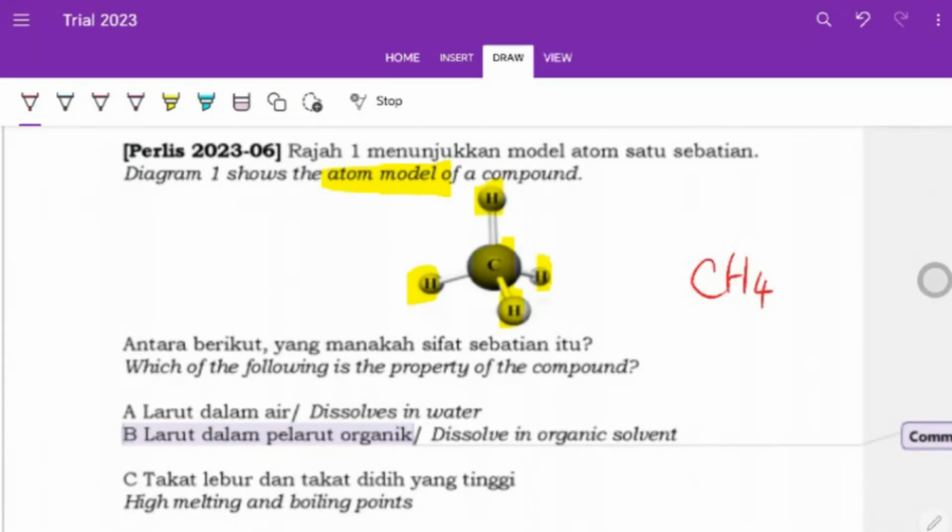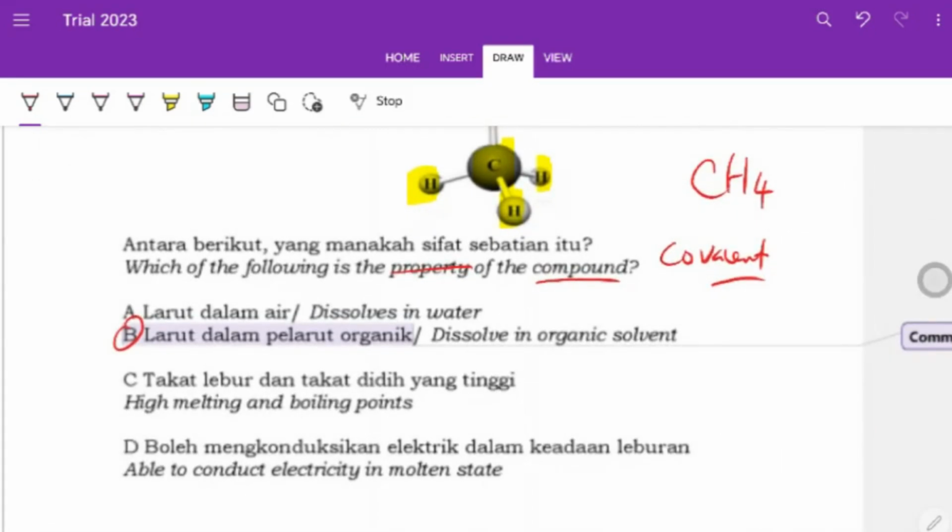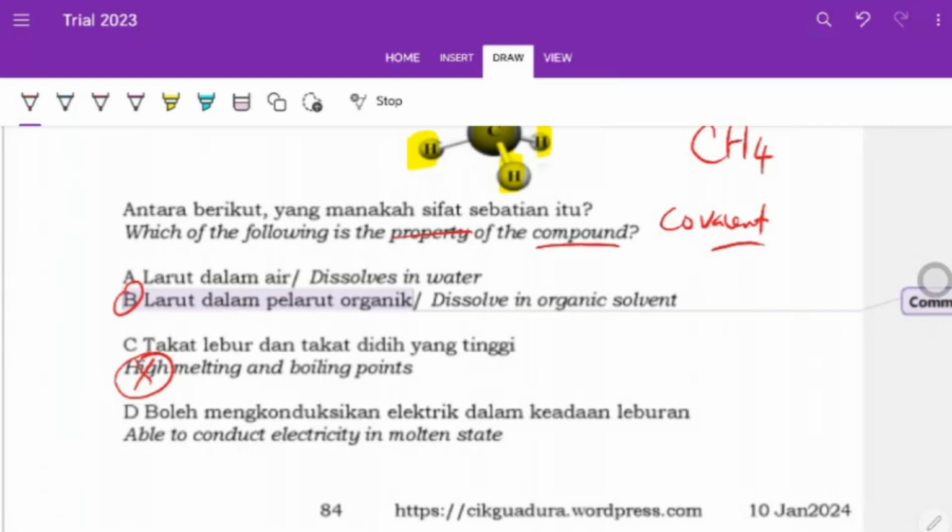Covalent compound, because it is non-metal with non-metal. So which one is the property? Covalent, B: dissolves in organic solvent. Able to conduct electricity in molten state? No, not able. Why?